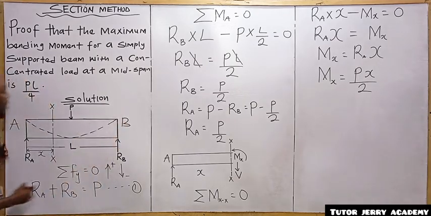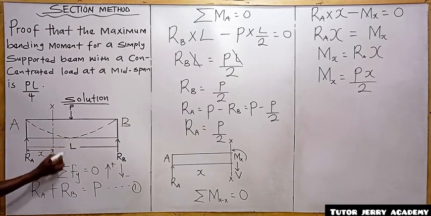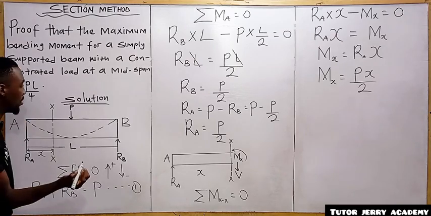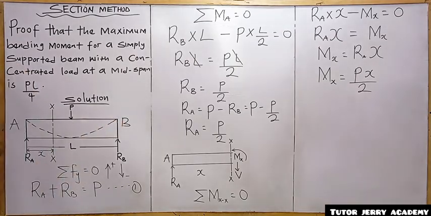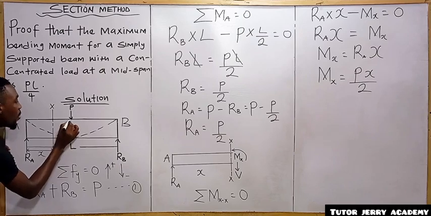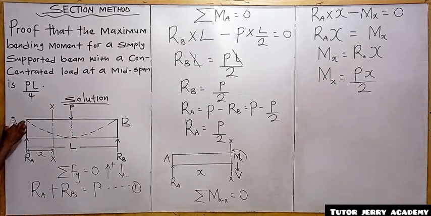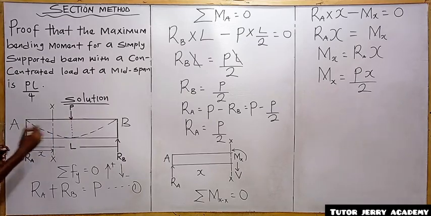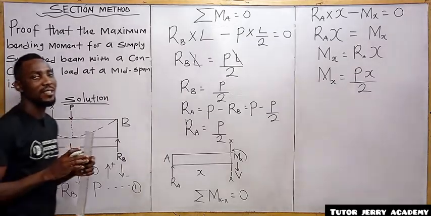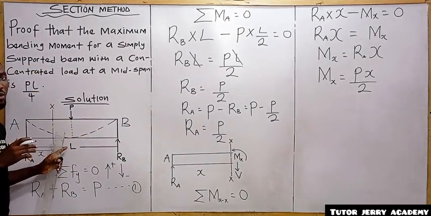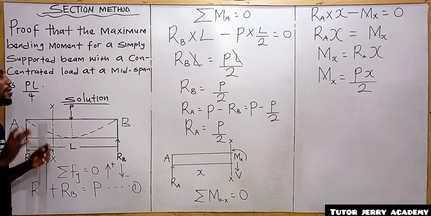At this point our s is equal to 0, and at this point our s is also equal to 0. But at the midspan of this beam, we are going to have our maximum bending moment, and we have said this distance is L over 2. So at a distance of s equals L over 2, we are going to have our maximum bending moment.